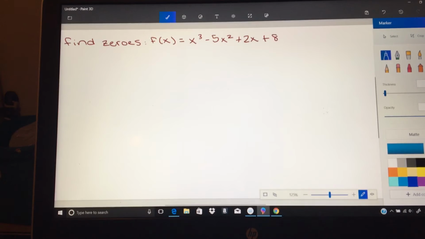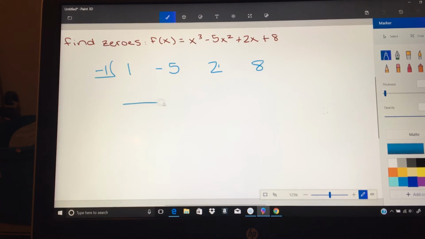So I'm going to put a, where is my mouse? There it is. Okay. So I'm going to put a -1 and set it up for synthetic division. So I have a 1, a -5, a +2, and an 8.